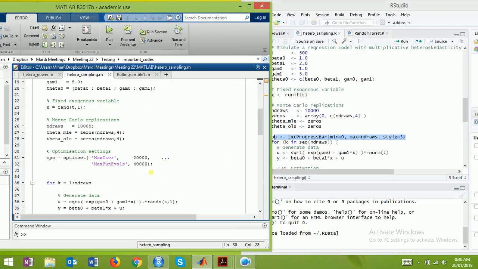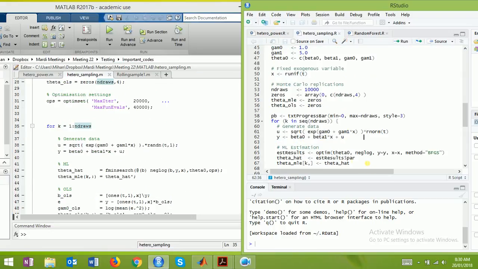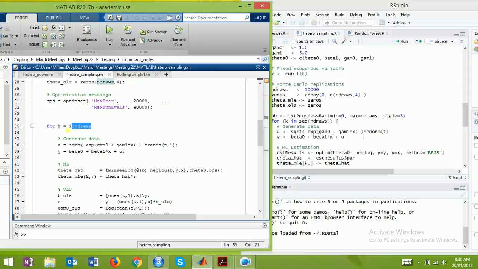Okay, K equals 1 to number of draws. So create the loop, begin the loop. Then we generate data u, square root of exponential of gamma 0 plus gamma 1 x, that is multiplied by rnorm. Good. Then with that we add beta 0 plus beta 1 x.